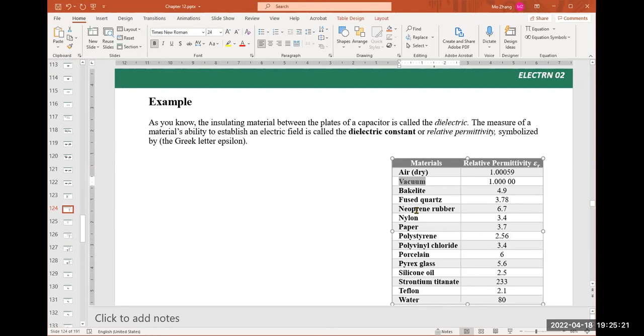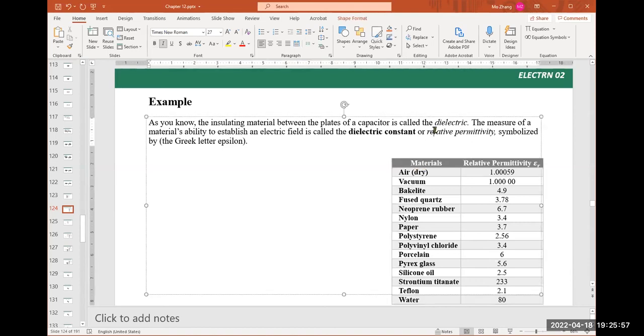It's the poorest condition. Adding materials between the plates improves it. So, such as adding Bakelite, compared to vacuum, capacitance increased 4.9 times. It's 4.9 times better than putting nothing, or vacuum or air, between the plates. That is why it's called relative: relative to vacuum or air, which are the reference materials.